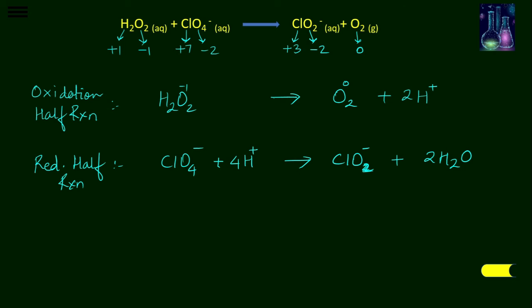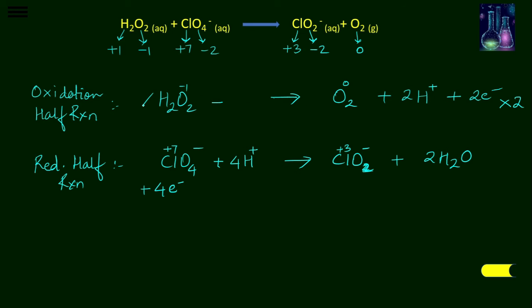Next, balance out the number of electrons. Here I have lost electrons, so here plus 2 electrons, and here from plus 7 I have reached plus 3, so here you will have 4 electrons. Now here there are 4 electrons, here there are 2 electrons, so multiply this equation by 2.